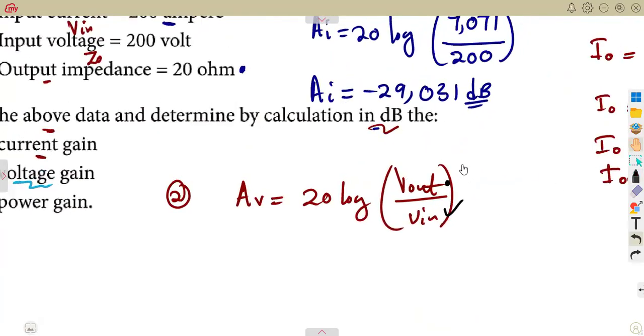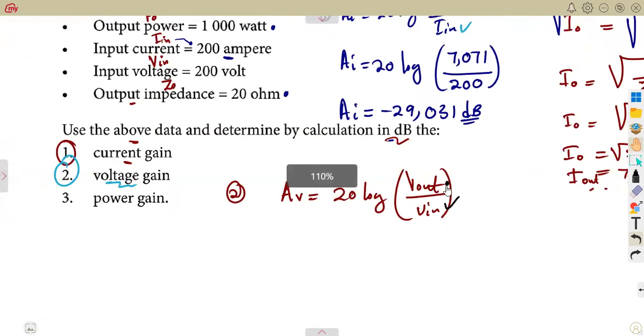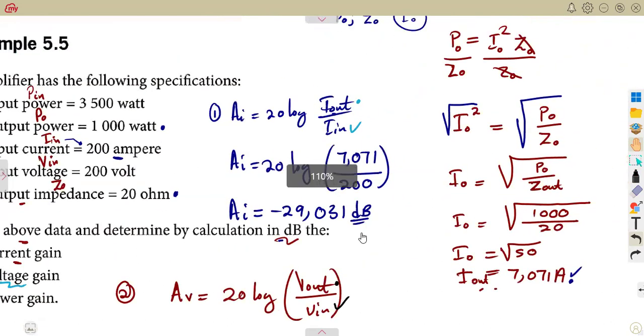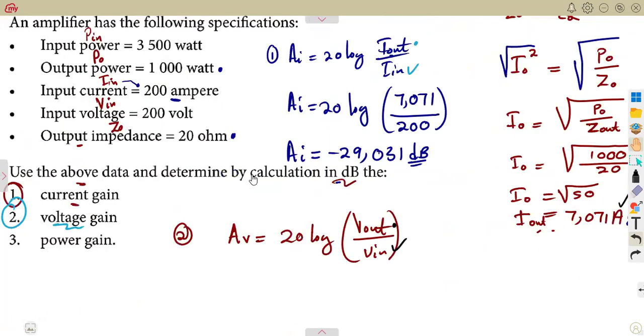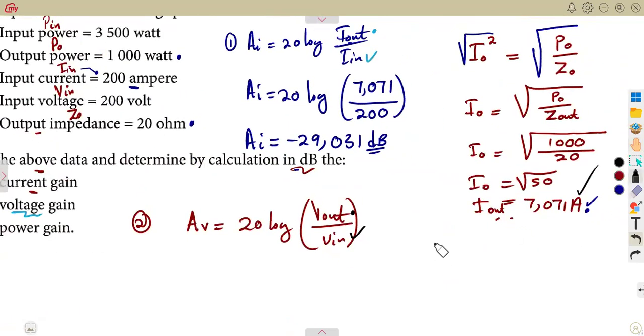So at the output, how are you going to calculate the voltage? Remember, we have calculated this current, so you can use the current. It's up to you, because we also have the impedance there at the output. It was up to you which formula you choose. So to calculate V out, since we have got current and impedance, remember I said voltage is current times what?